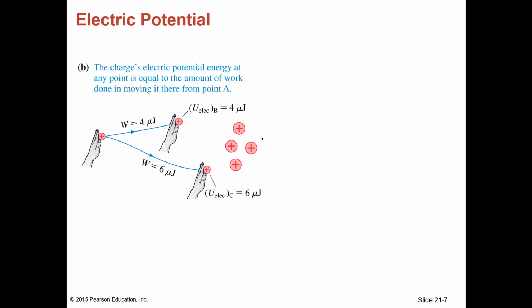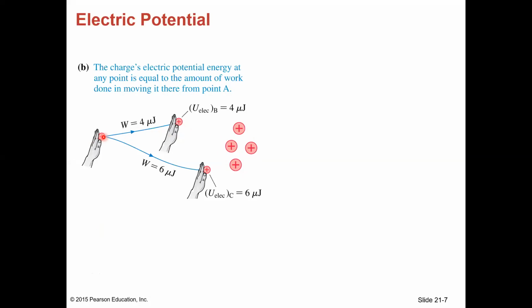That might be helpful. So if you're taking this charge right here, we're going to move it over to these charges. These charges, as we're going to see later, are creating a potential, right? So it's going to require some energy to get this charge over here.